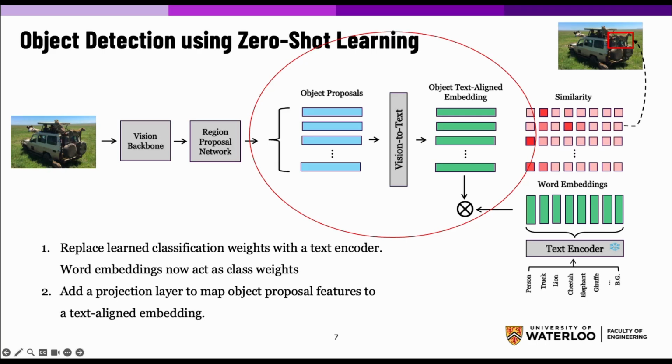You can think about that with the cosine similarity measurement between two vectors. So instead of training classifier weights, we simply use word embeddings to classify jaguars, right?